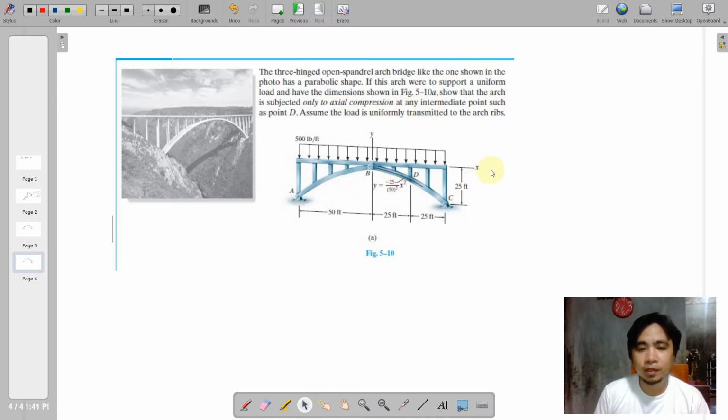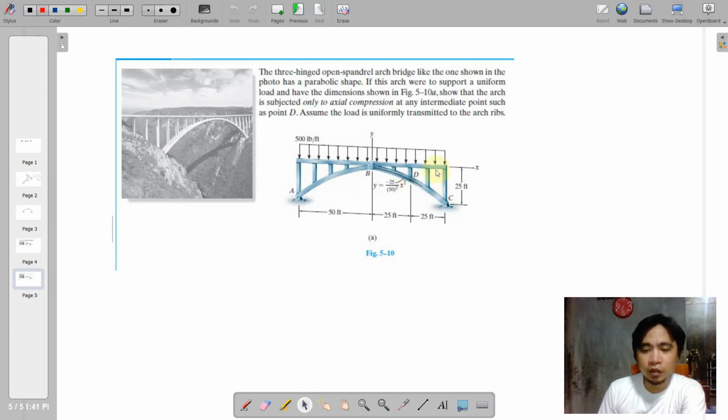So basically we are going to have the idealized structure for this first, and we note that in every length here, since this is a spandrel, we can use the equation of the parabola. We can also use this largest spandrel as a basis, and just proportion it to the smaller one.